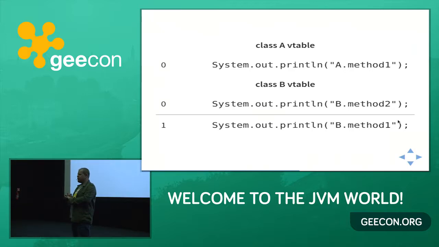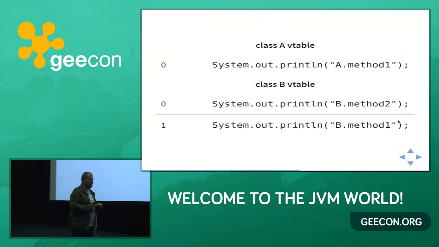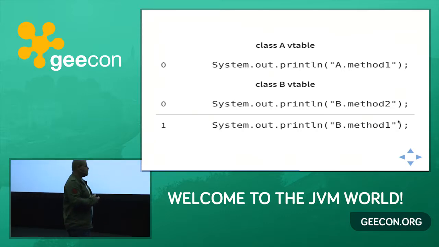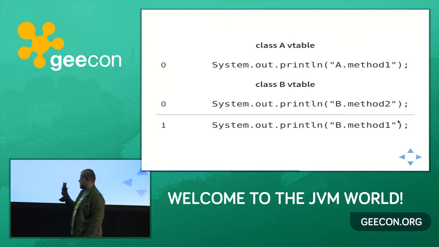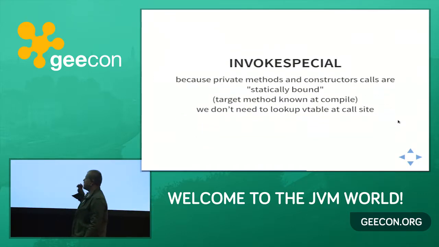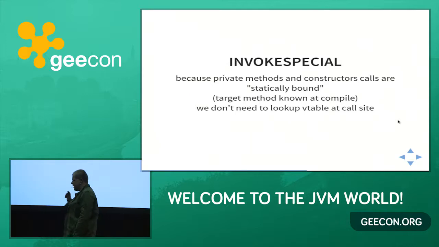Yes, invoke interface is slower. Generally, invoke interface is slower because this is something called late binding. Of course, there are optimizations and so on, but it's slower. There is a nice entry from Shipilev about the speed of invoke virtual versus invoke special.